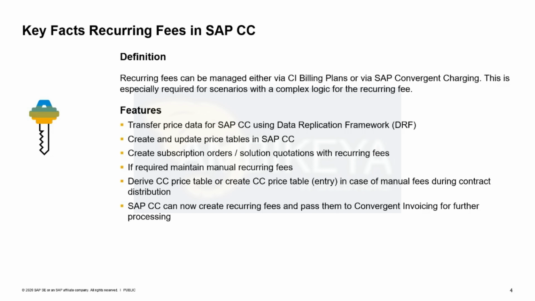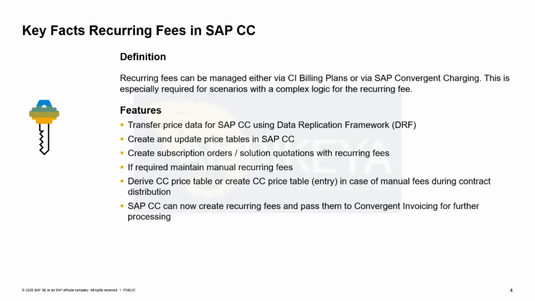Once this distribution is in place, it checks if the price table already exists for that product. If the price table doesn't exist, then it creates a new price table and a new entry. Price tables in S/4HANA are not mapping tables; we now are creating agreement tables.